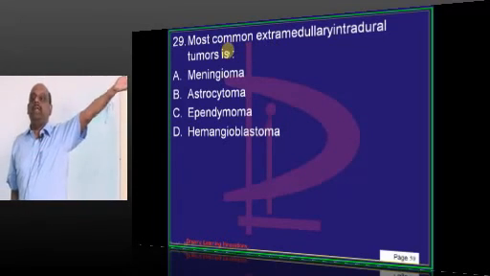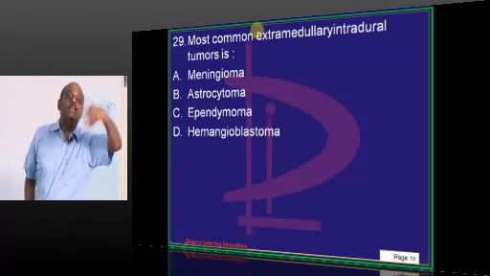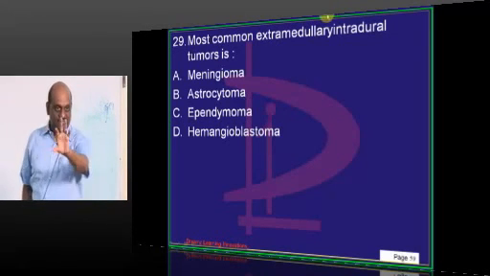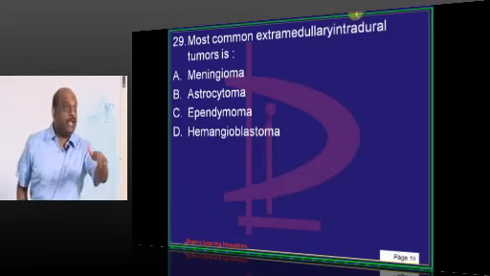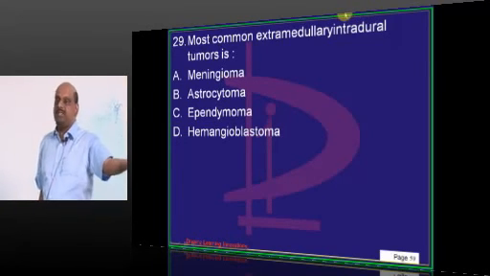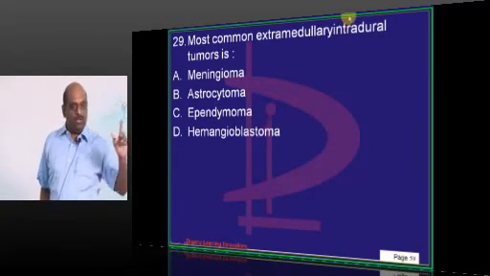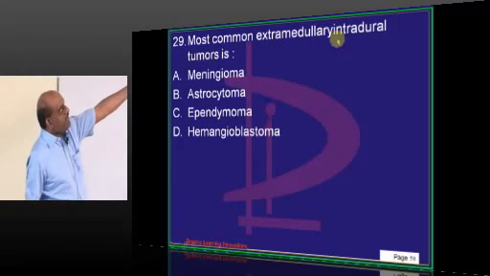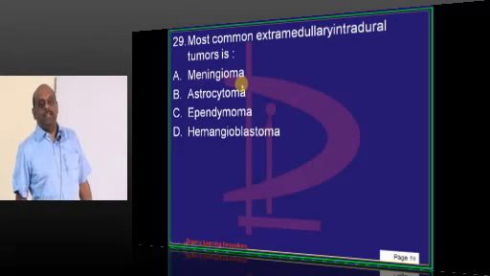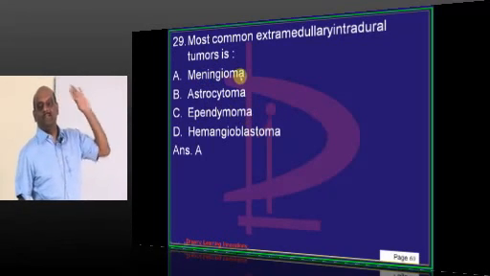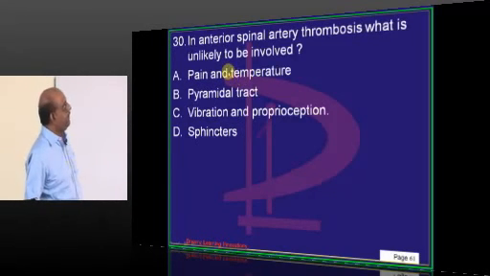And what is extradural? Outside the dura, any metastasis will go and stick outside the dura. So most of the time metastatic tumors are all extradural. Tomorrow we will review all this. So what is the most common extramedullary intradural tumor? Tell me quickly. Meningioma. Now you got it, because it is arising from the dura.